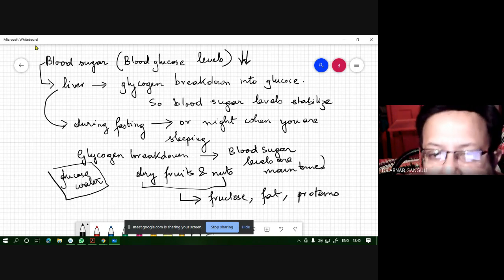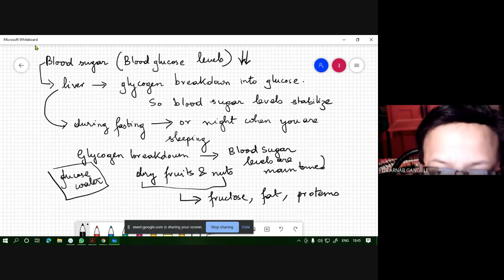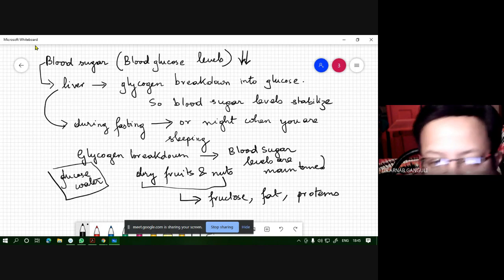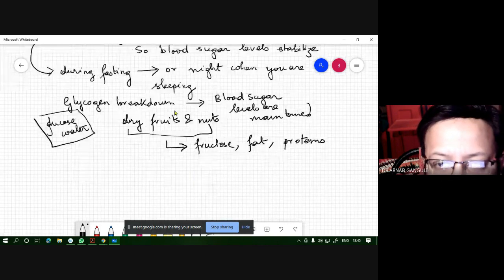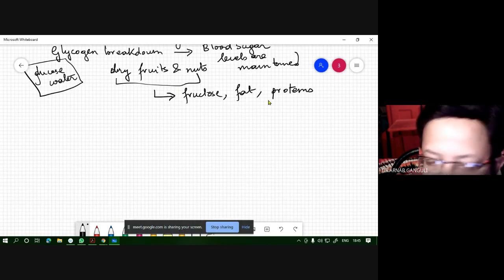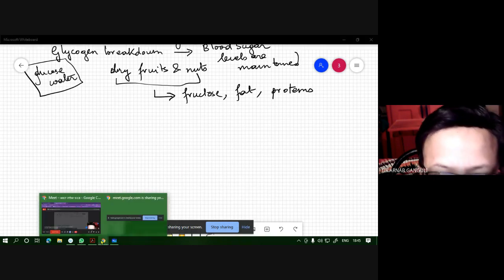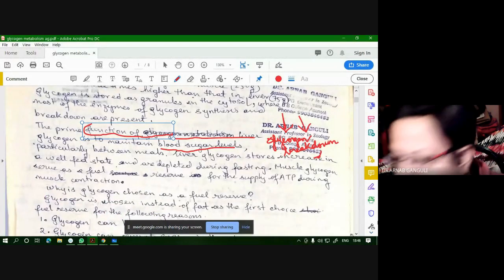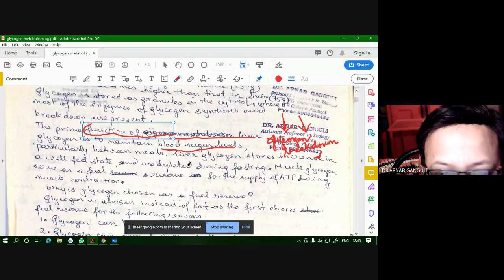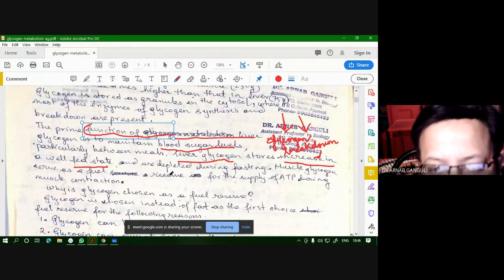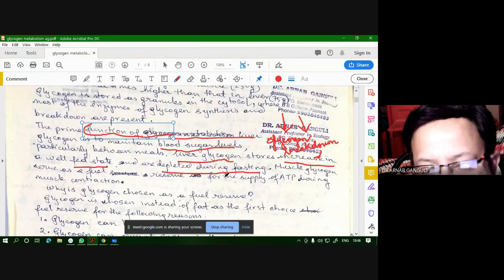So this is actually what happens. Liver stores glycogen in a well-fed state, and they are depleted during fasting, which I told right now.